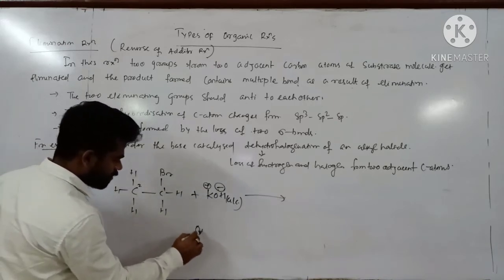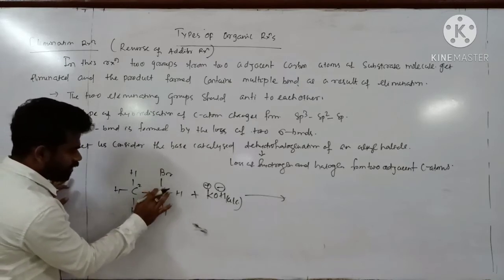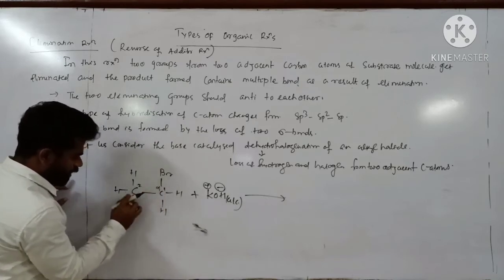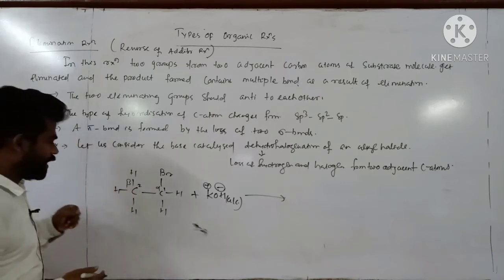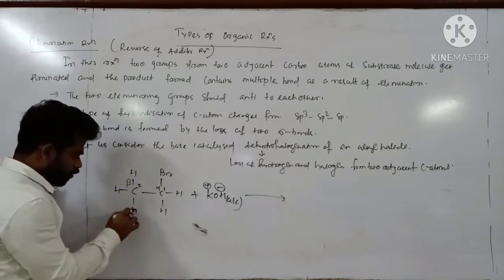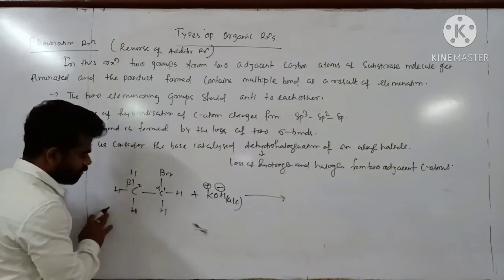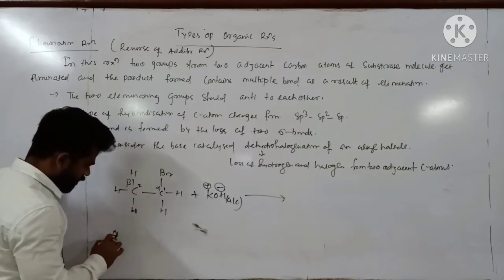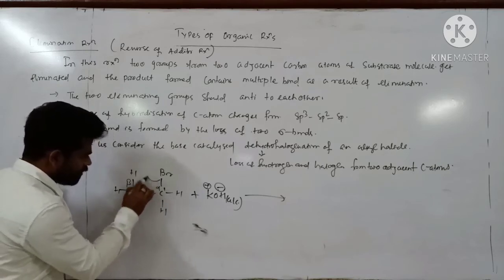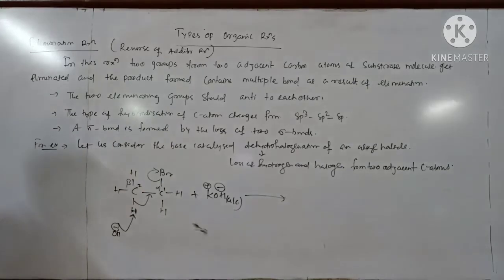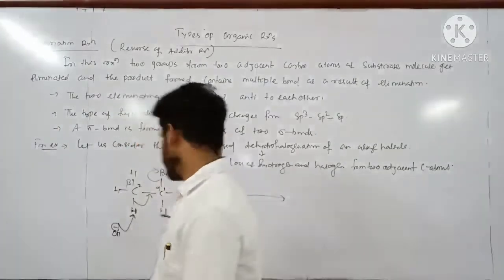This one is the halogen atom, this carbon is alpha and its adjacent carbon is beta. This is also called alpha beta elimination because the two eliminating groups are eliminated from alpha and beta carbon, or 1, 2 elimination you can see. Here this OH minus takes this proton, this bond comes here, this halogen goes like this. Okay, so Br minus, K plus, eliminated in the form of KBr.